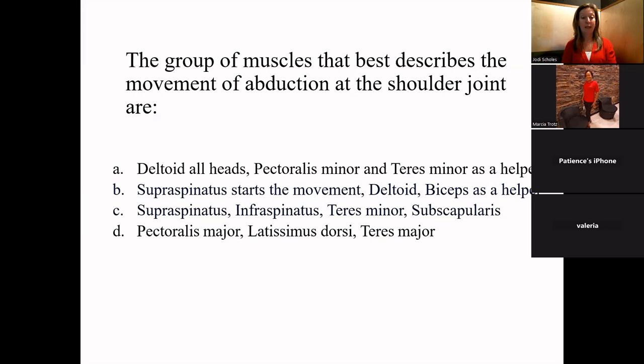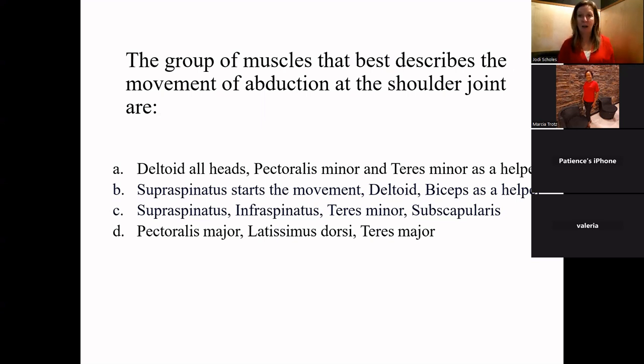C, supraspinatus, infraspinatus, teres minor, and subscap. D, pec major, latissimus dorsi, teres major. The group of muscles that best describes the movement of abduction at the shoulder joint are blank.